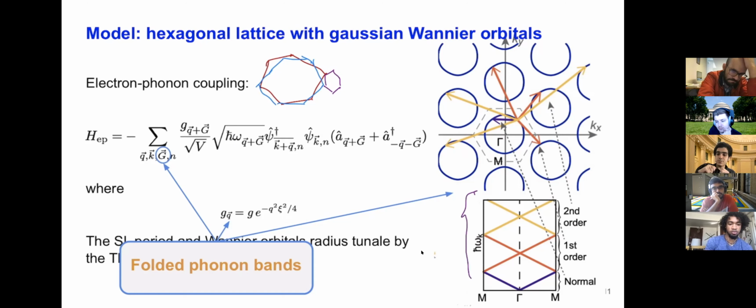So I started with just one acoustic phonon mode, but now in the mini Brillouin zone, it is just repeated in the mini Brillouin zone.